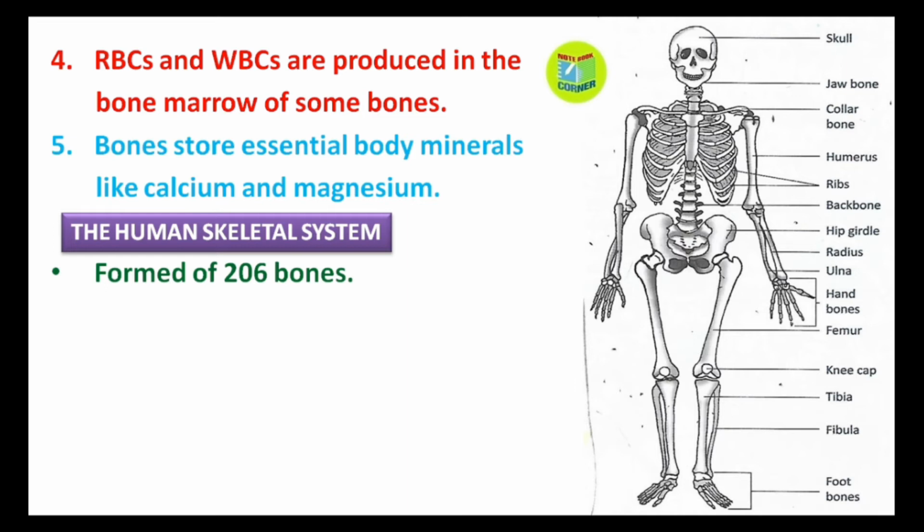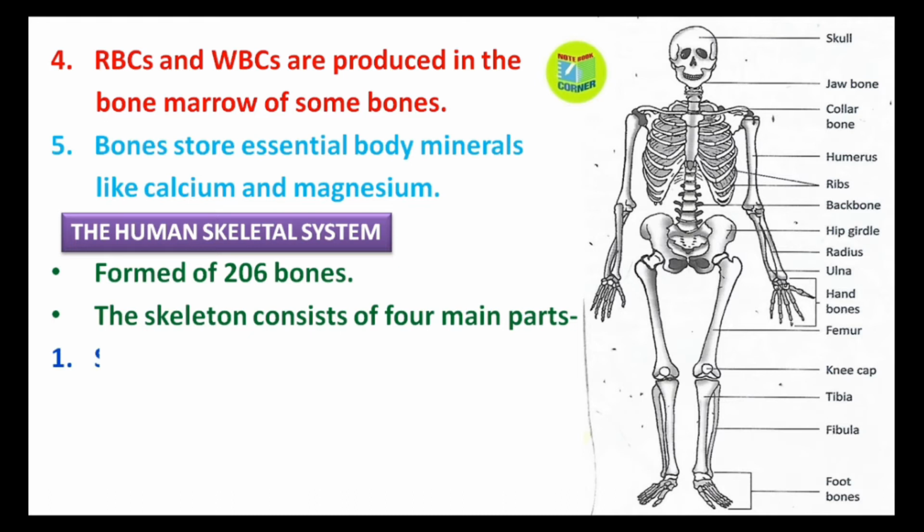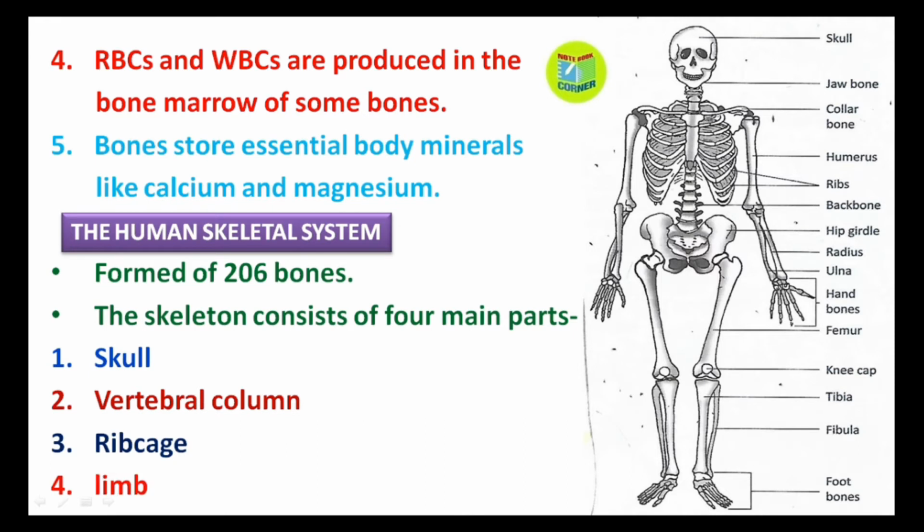The skeleton consists of 4 main parts, namely skull, vertebral column, rib cage and limbs. We are going to study them in detail in the video.